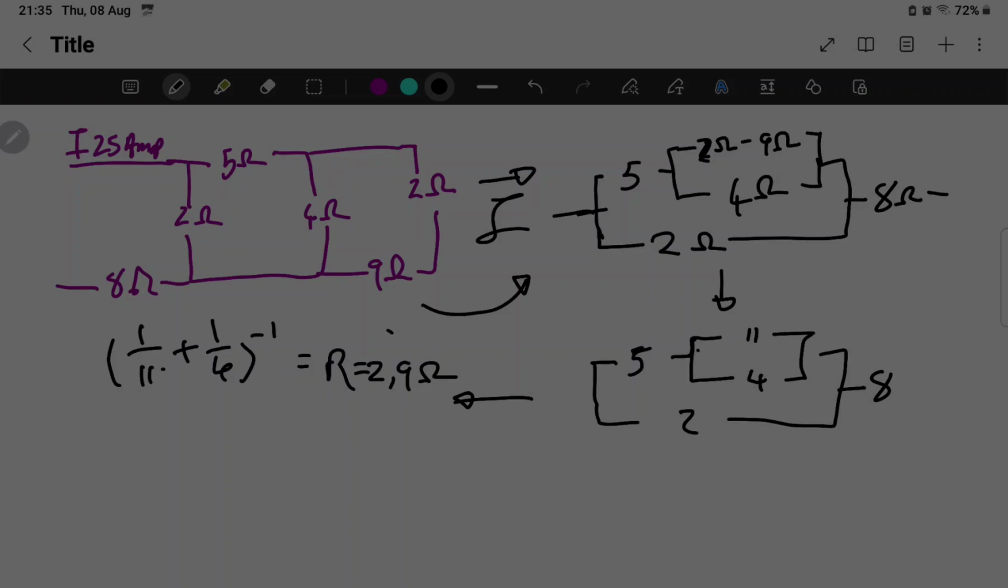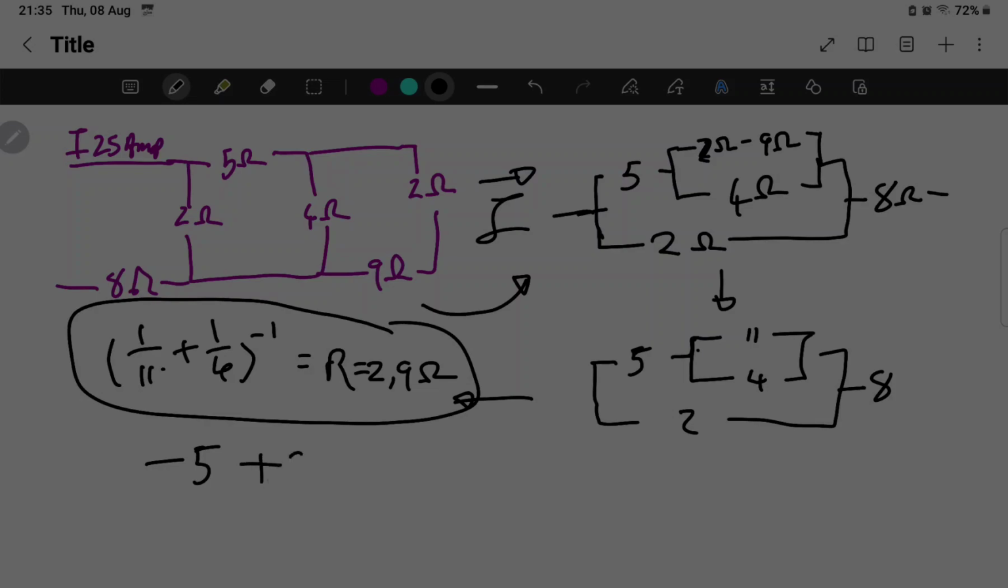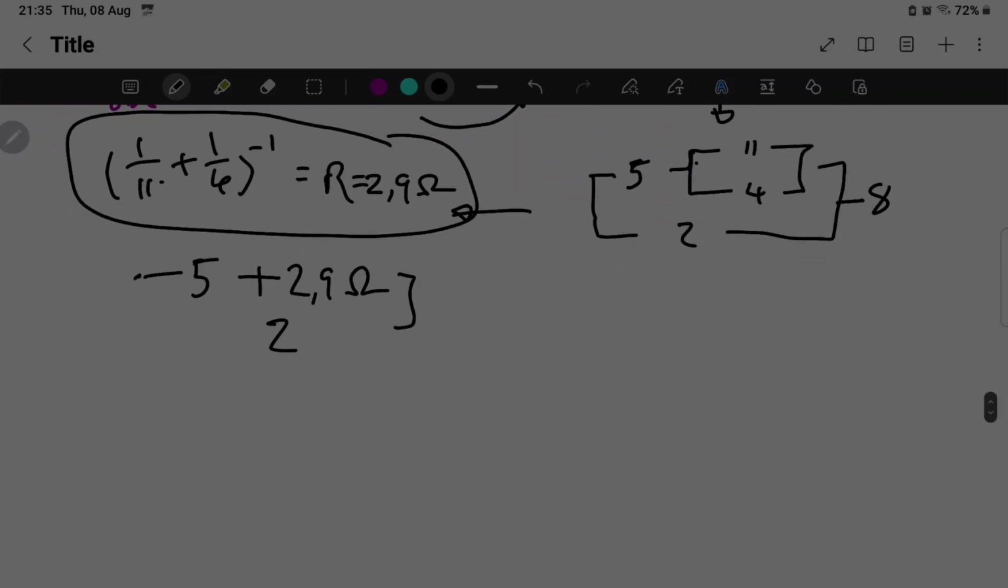So now we have 2.9. We have 5 plus 2.9 ohms, which is parallel with the 2 ohms at the bottom and in series with the 8.